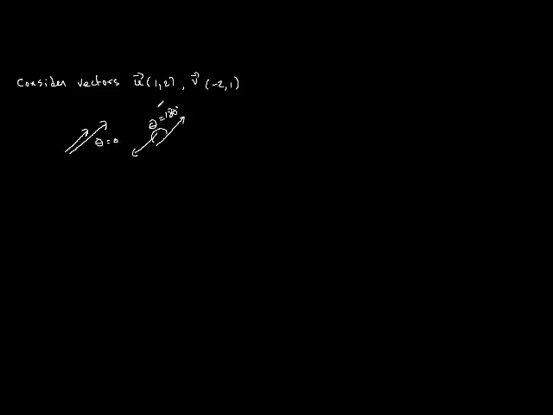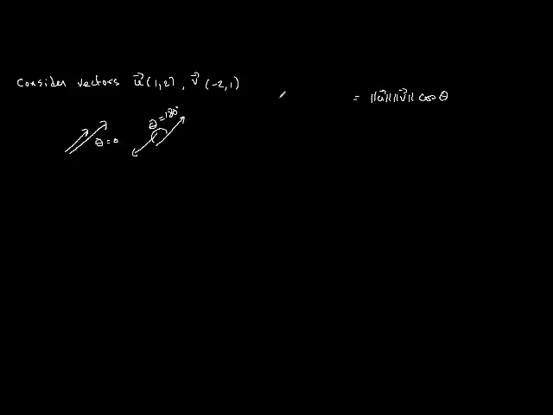Now we'll do this using scalar product. Scalar product is one of the easiest and most reliable ways to find the angle between two vectors, because in the algebraic approach we say magnitude of u times magnitude of v times cosine of theta, where theta is the angle between them.